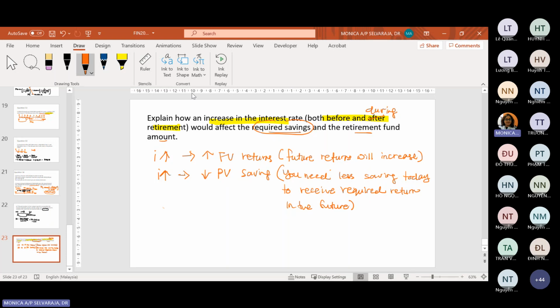So this is my explanation. You can explain in your own words also. So my understanding of this explanation is like this for this question. Do you have anything to ask, anything to add, anything to check with me? Since there are no questions, I assume you understand what I've taught you so far.